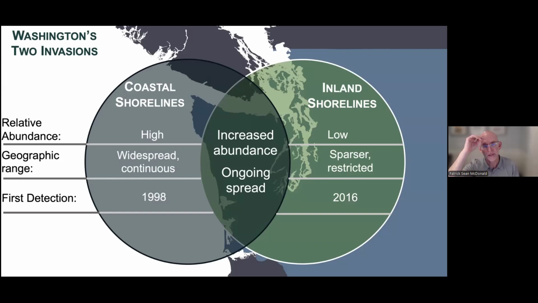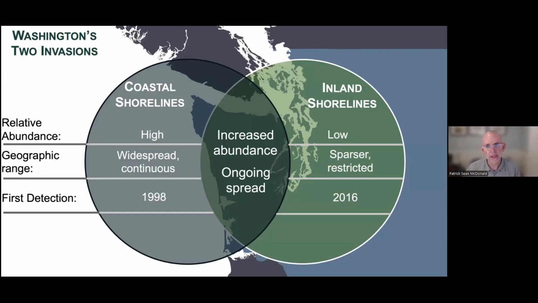There are large populations to the north of us on the outer coast of Vancouver Island. So pretty much year round, there are a lot of larvae that are coming into our coastal estuaries. Green crab are widespread. Their range is more or less continuous. And that's where we have started seeing the impacts that I just showed you in terms of the diet of the crabs and the loss of hairy shore crabs.